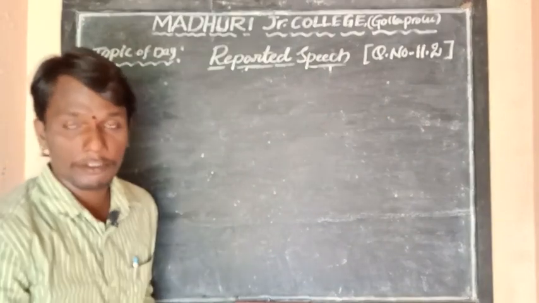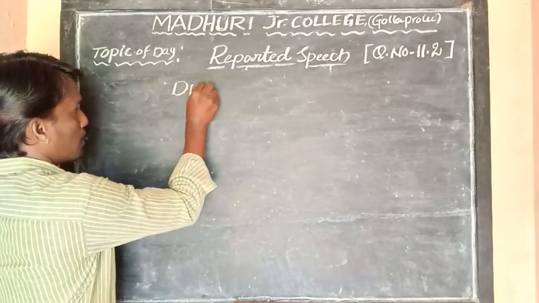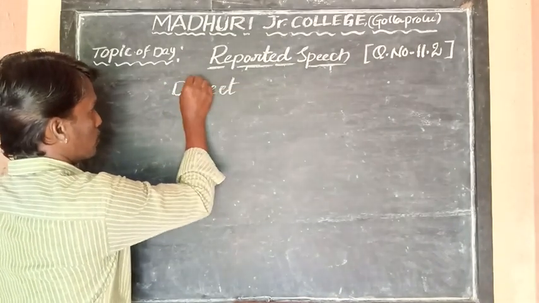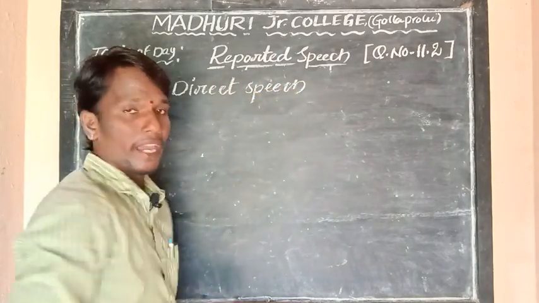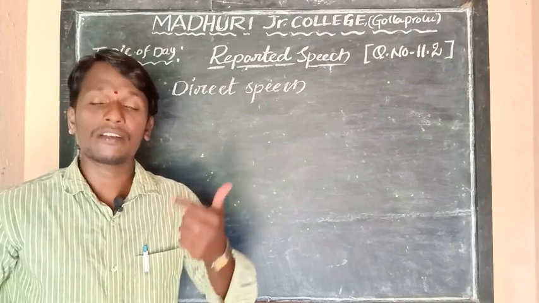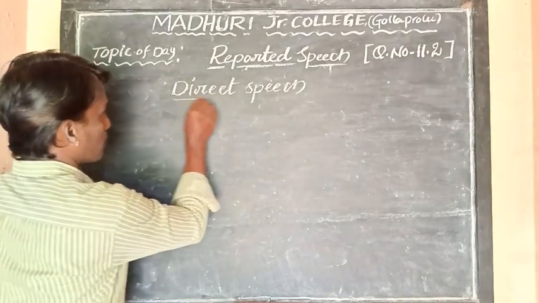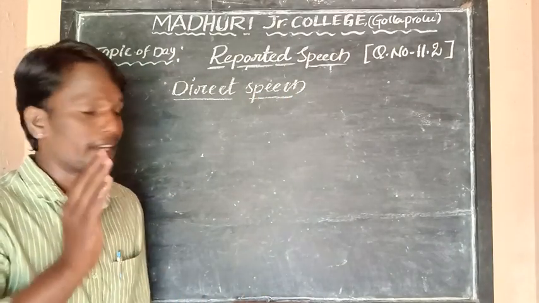Now let us talk about direct speech. What is a direct speech, and how do we identify it? We already know that if the speech is reported directly, that is clearly direct speech.